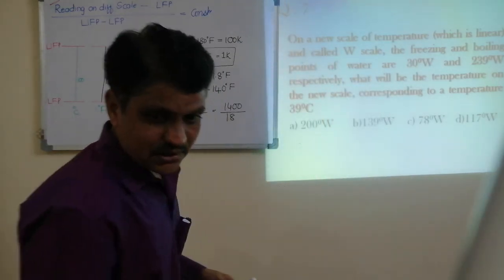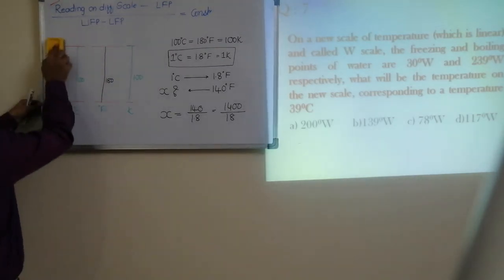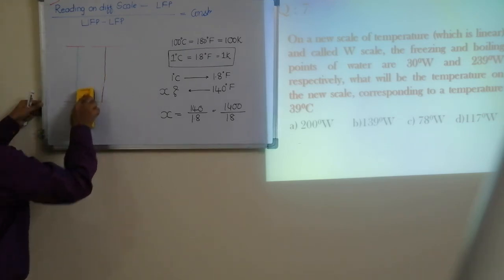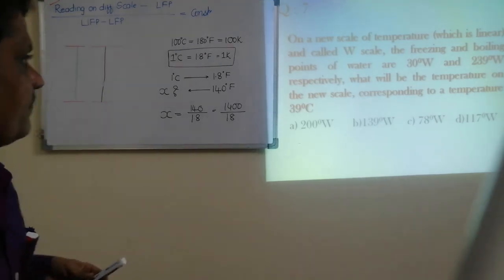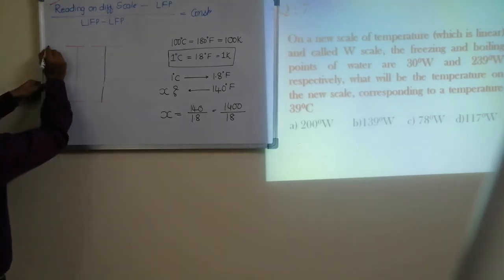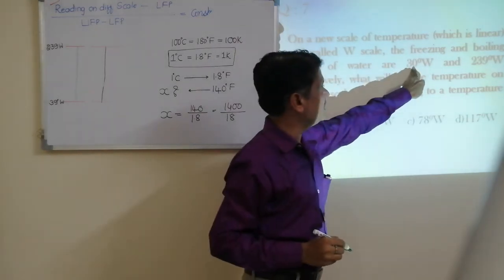So for such problems, you have to write like this. I take the new scale: lower fixed point is 39 degree W, upper is 239 W. I repeat, take this as 39.